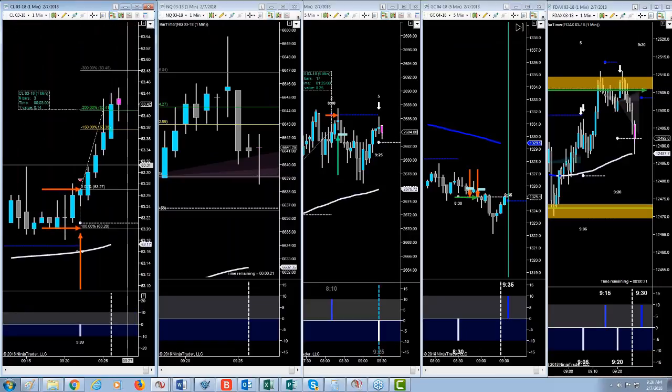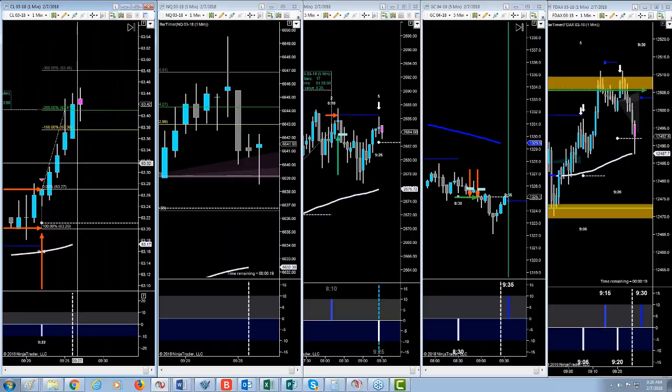Okay, so there's an example of what happened in crude at the 922 buying signal.